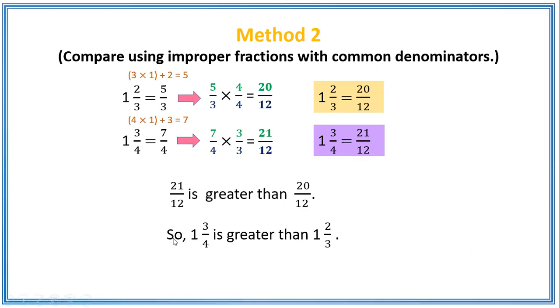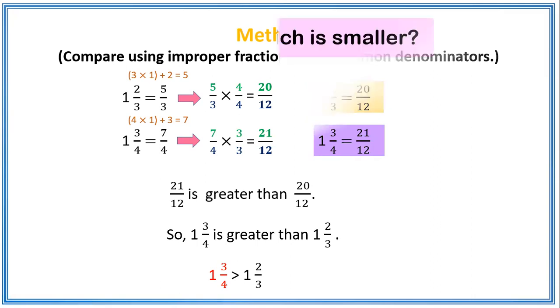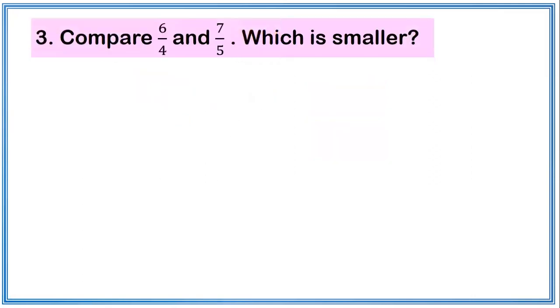So therefore, 1 and 3/4 or 1 and 3 out of 4 is greater than 1 and 2 out of 3. So in symbol, we write like this. Is it clear? Okay. Now let's move on.